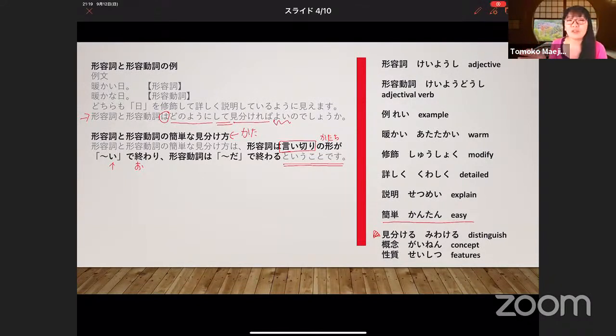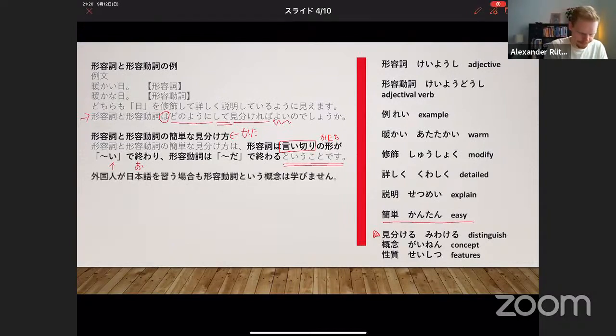It's a very useful, versatile set phrase.